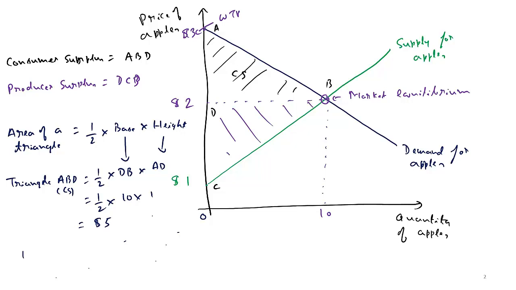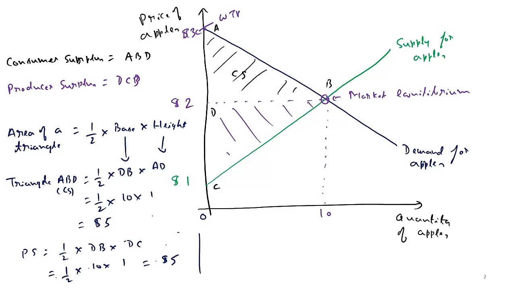Similarly, we can do producer surplus, which is calculated by half times, what's the base? Base again is DB, times what's the height? Height is DC, which is half times 10 times 1, which gives you $5. So your producer surplus is also $5.